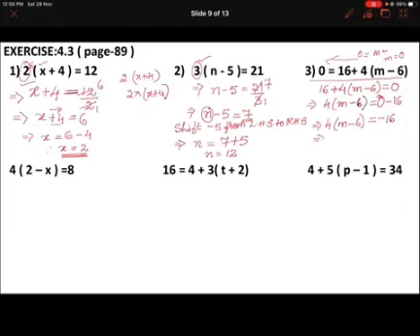Now 4 shifts from LHS to RHS, m - 6 is -16 divided by 4. Where does 4 go? It was multiplied here, it will get divided here. So -16 by 4 is -4, remember that negative sign. Now I am going to shift -6 to RHS. m = -4 + 6.